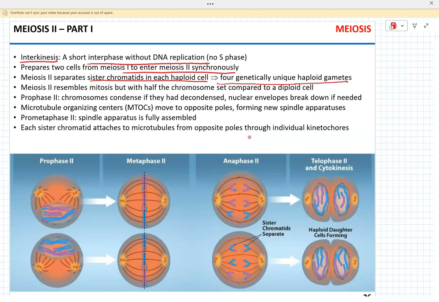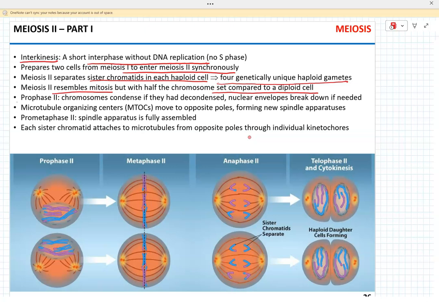It very much resembles mitosis, but the number of chromosomes is just half of the diploid set that is separated during mitosis.